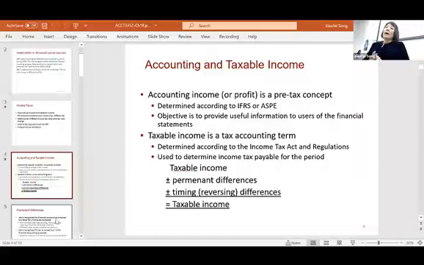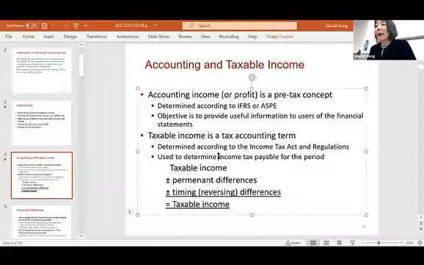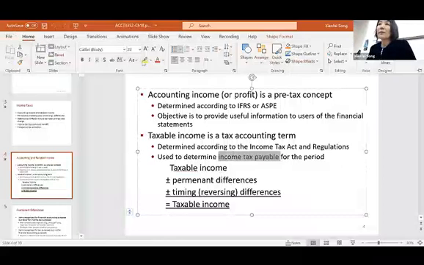It's determined in accordance with the Income Tax Act and regulations, and it is used to determine income tax payable. So this is a very important concept in this part of the discussion.